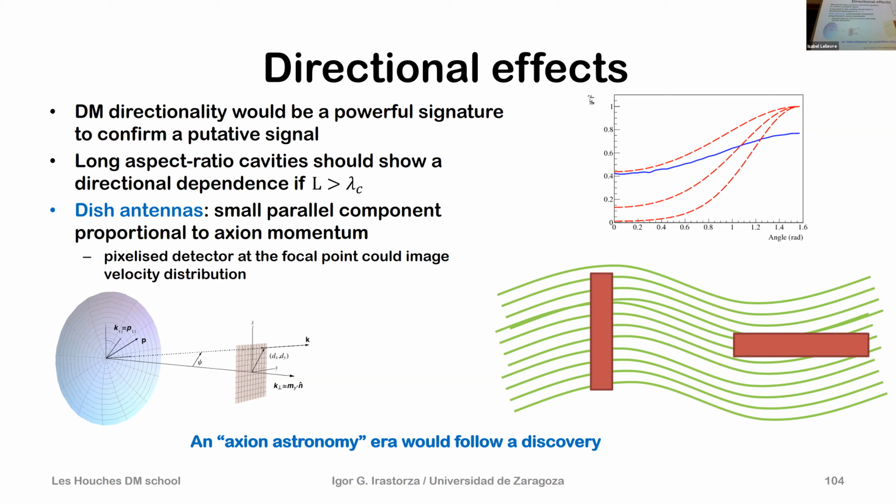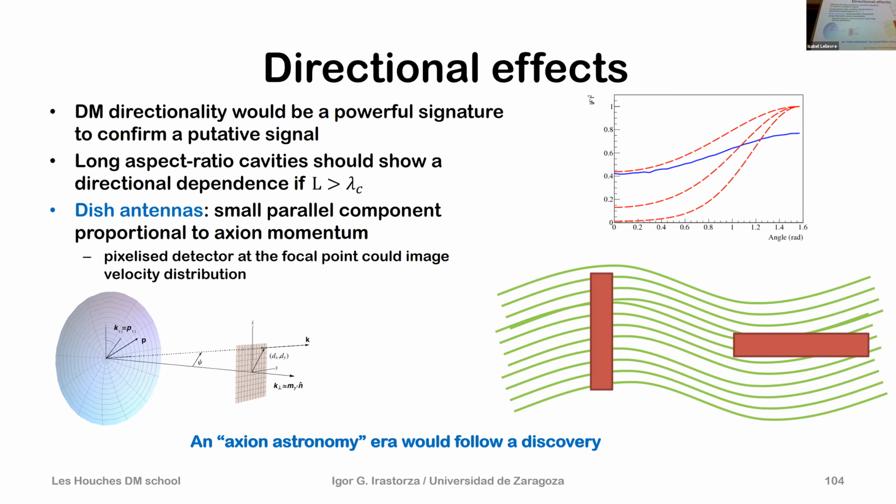It would give a fantastic signature of the origin of the dark matter. It would confirm that what we are seeing is the dark matter, because we expect that the dark matter, from the standpoint of the Earth, should have a clear velocity distribution due to the movement of the Earth in the dark matter halo. So it turns out that there is an equivalent in axions, and it's extremely easy.